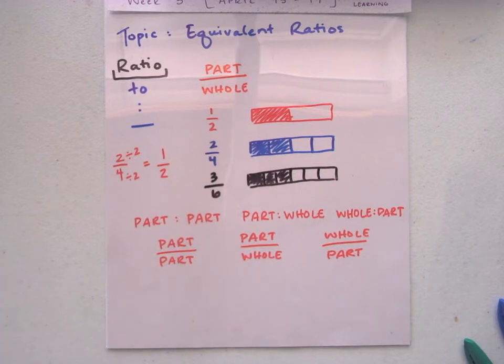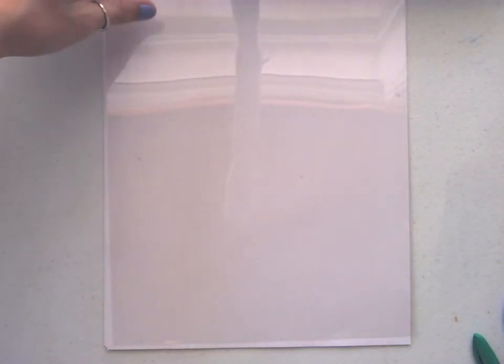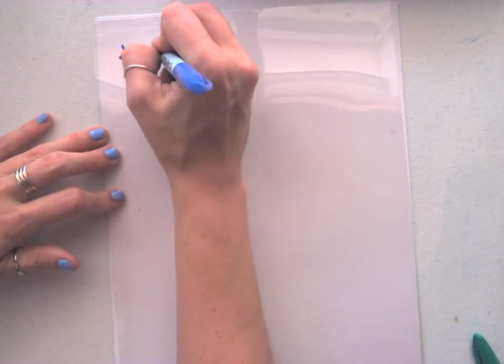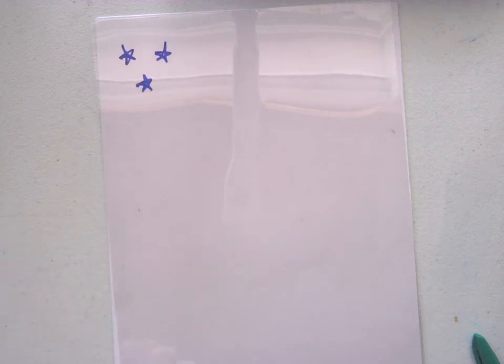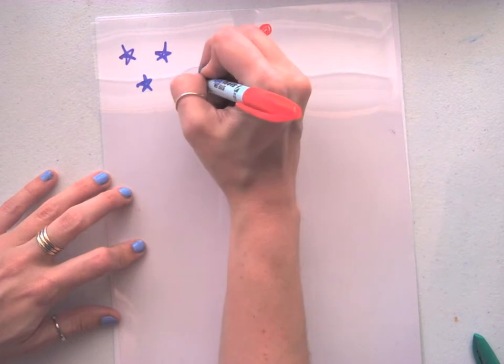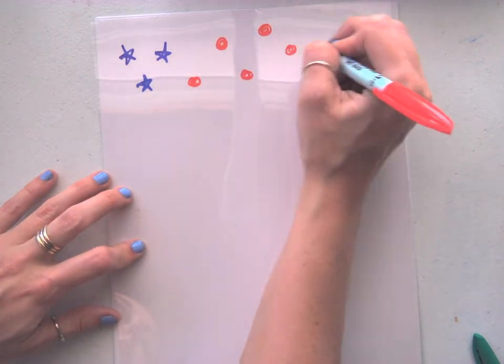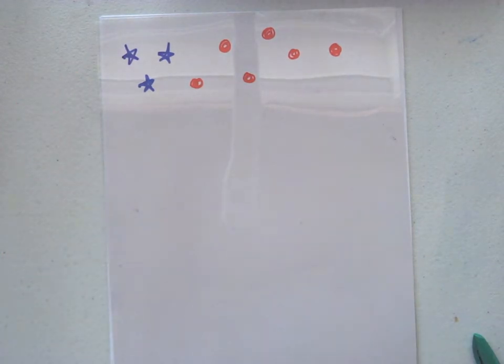Now, we are going to get into how to determine if ratios are equivalent. All right. Let me draw. All right, I have 3 stars and I have 6 circles.